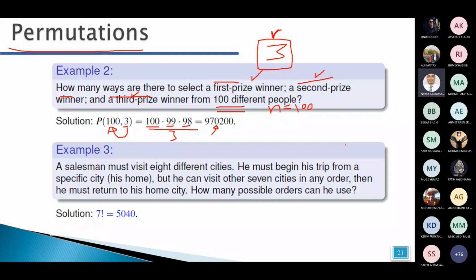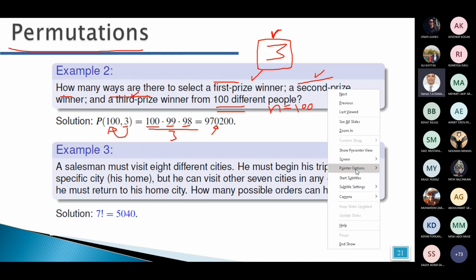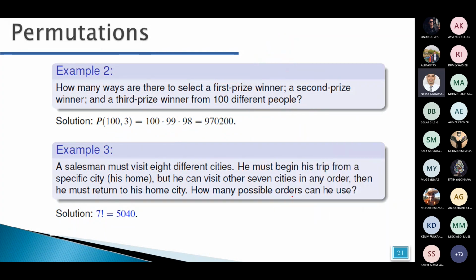Okay, let me ask the question like this. How many ways are there to select first and second prize winner out of 10 people or 10 students? This is a question.